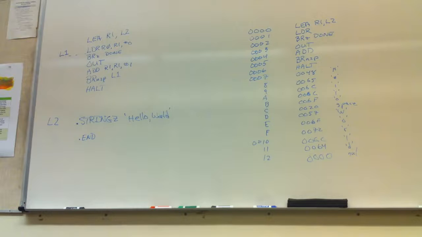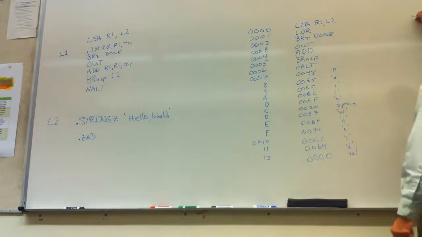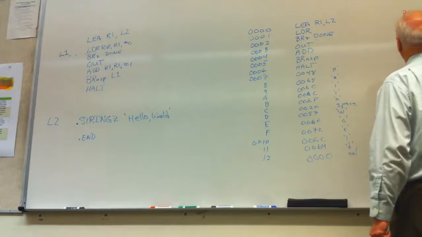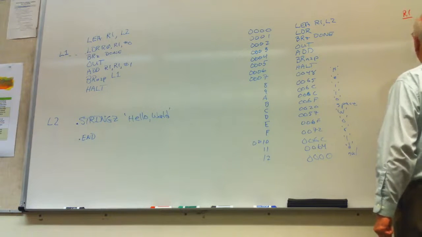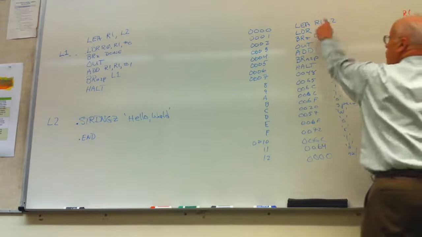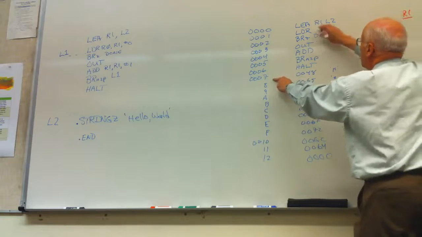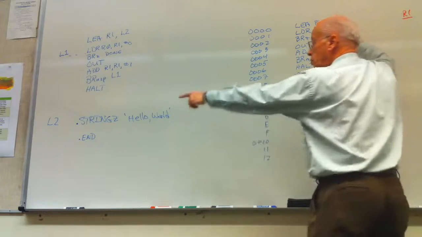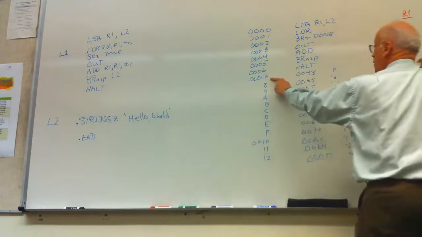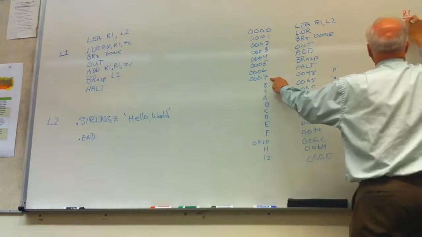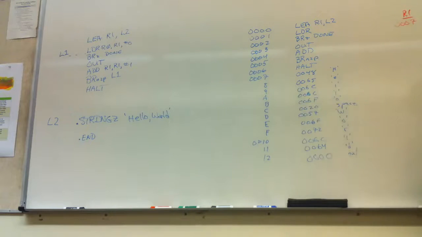Okay, so the way this thing actually operates then, if we trace through and execute it, you see the following. First of all, we load the address of label 2, which is at the beginning of this string. So it's the 7.